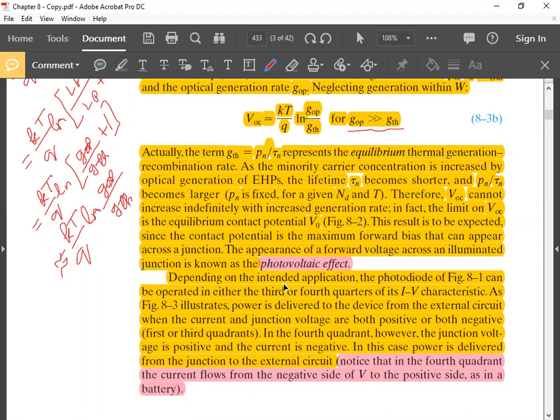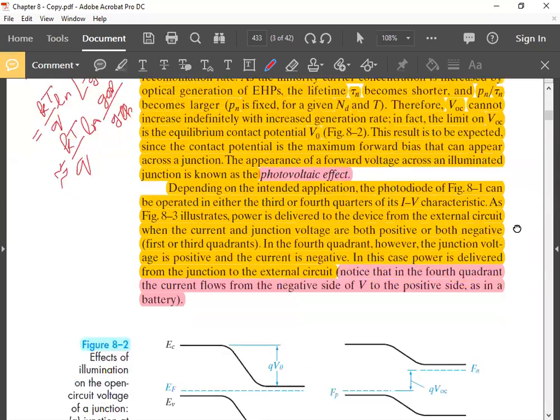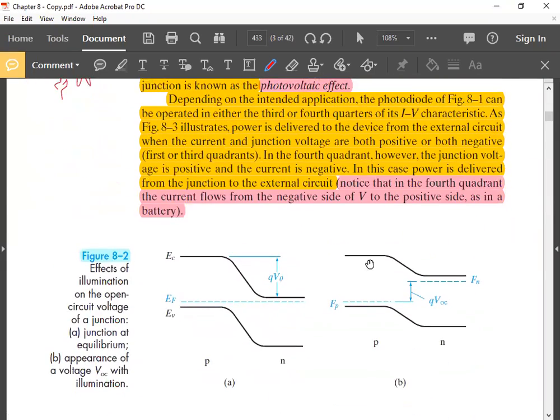These things have been shown in the following diagram. Depending on the intended application, the photodiode can be operated in either the third or fourth quadrant of its IV characteristics. Here this is equilibrium with unilluminated junction, and this is illuminated junction, open.